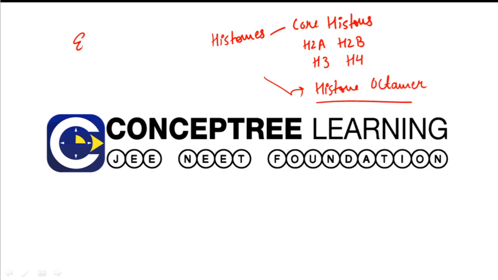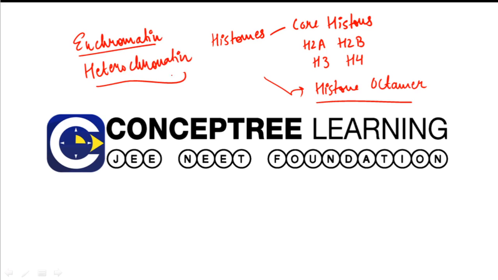And then you must know the difference between euchromatin and heterochromatin. Euchromatin is transcriptionally active and heterochromatin is transcriptionally inactive. So this is where the questions will generally come from in this part in the NEET examination.